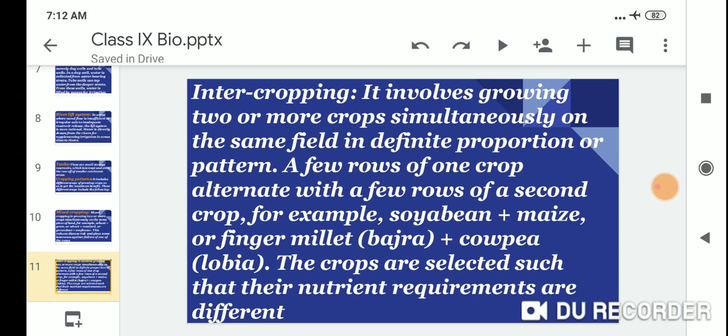Intercropping involves growing two or more crops on the same field in a definite proportion or pattern. A few rows of one crop alternate with a few rows of the second crop. For example, soybean plus maize, or finger millet plus cowpea. The crops are selected such that their nutrient requirements are different.